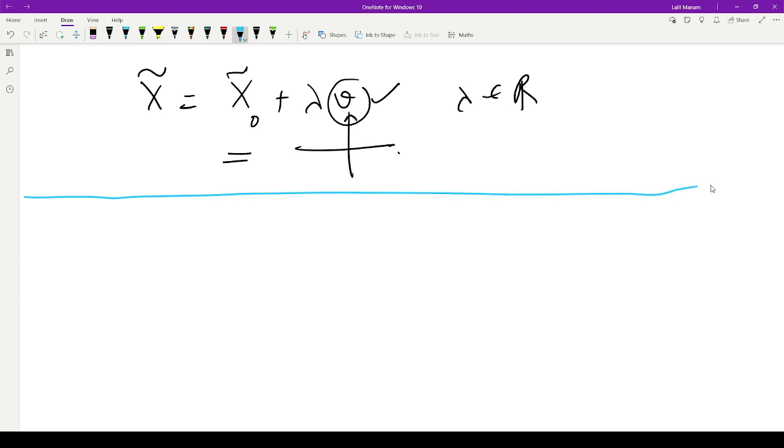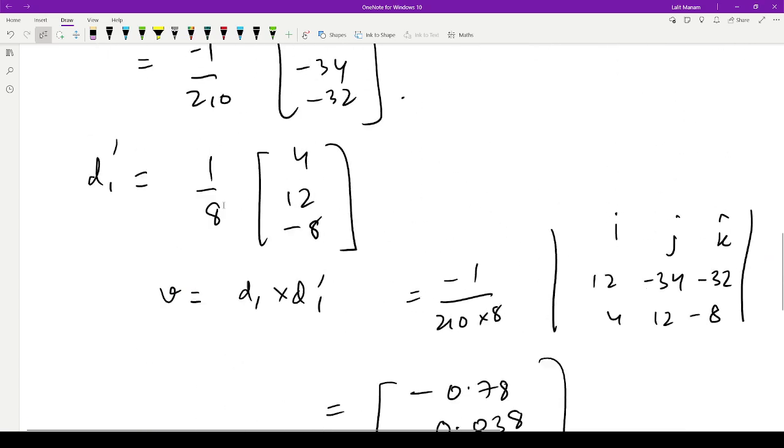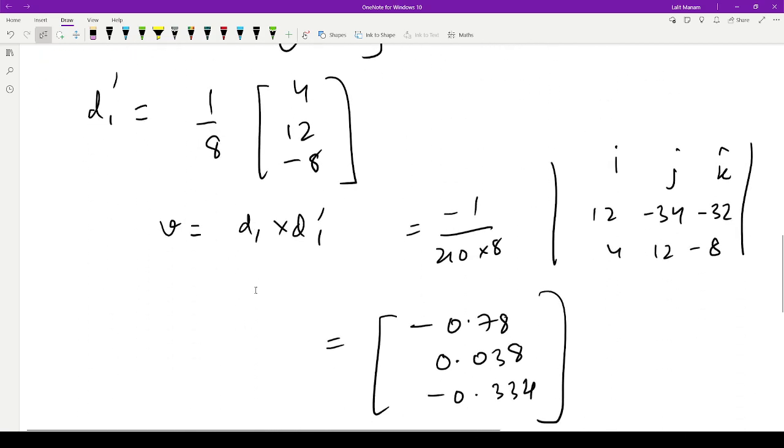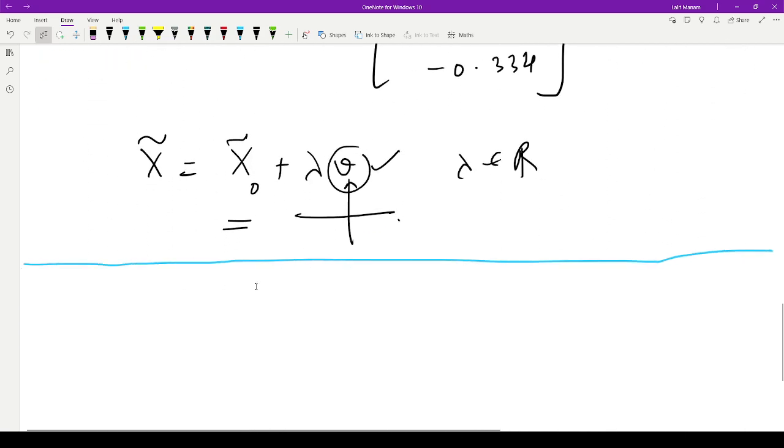The x naught tilde is not specified in the question. They just asked us to find a line perpendicular to both the directions, so it doesn't mean that you have to pass through any specific point. That's why I'm not specifying x naught tilde. Okay, then if this is fine, we'll move on to the next question.